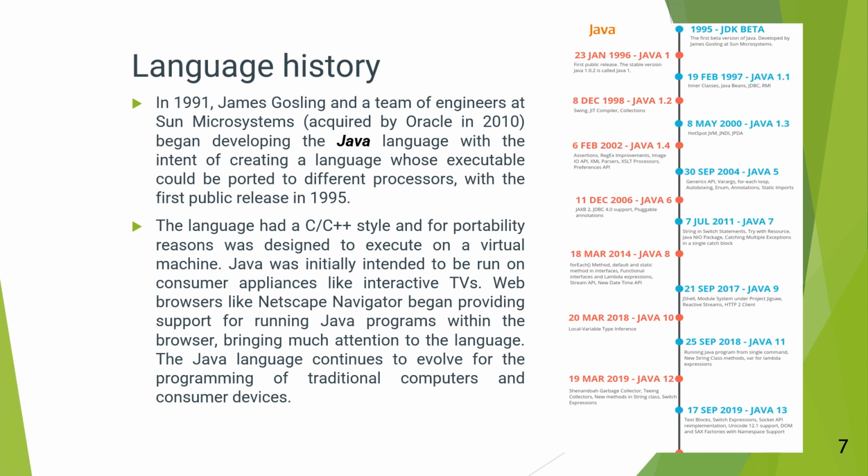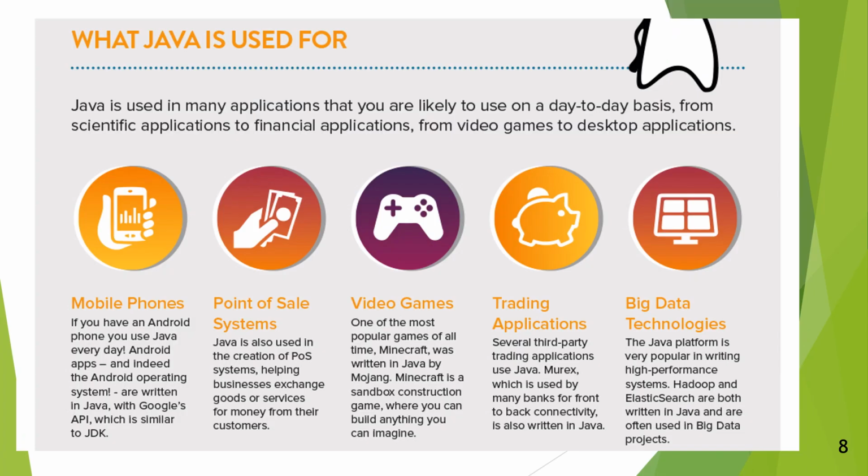While C and C++ are not portable for many reasons, applications where we use Java are mobile phones, where we design applications like Android.